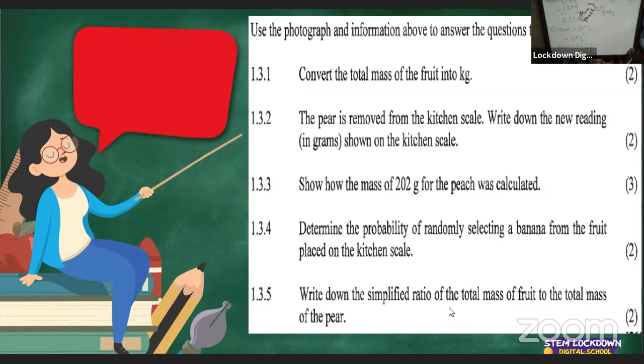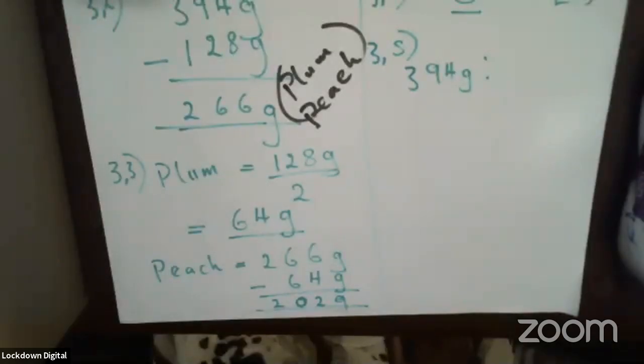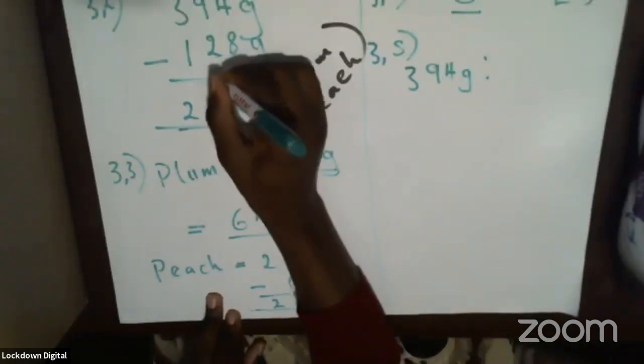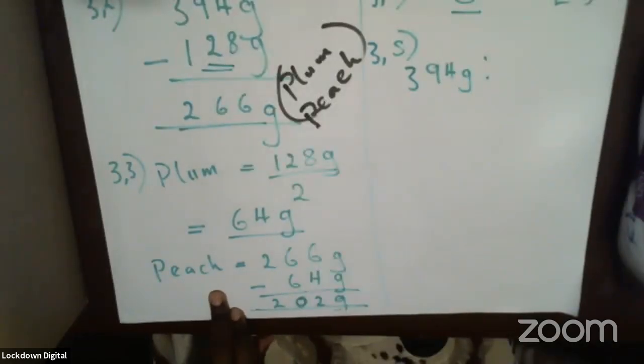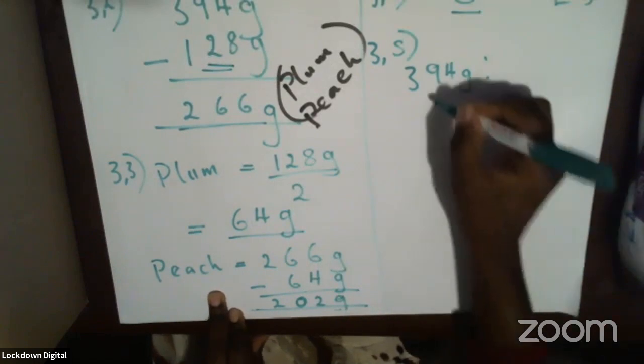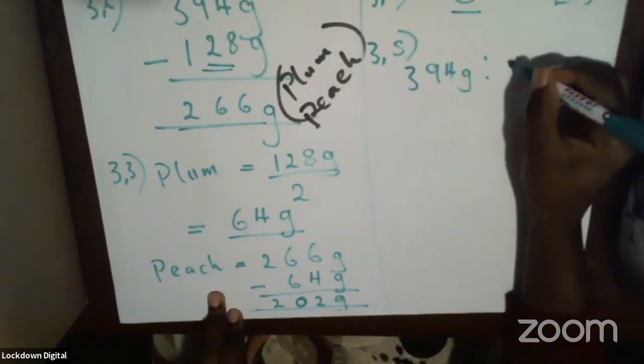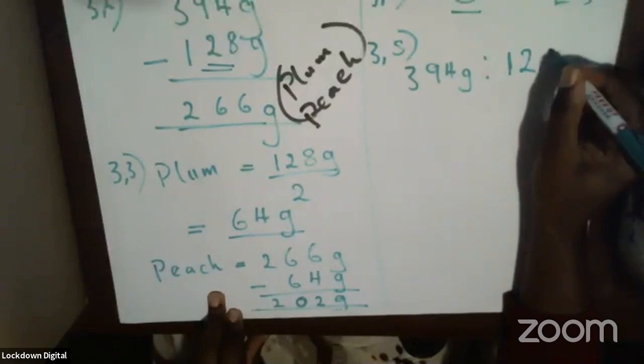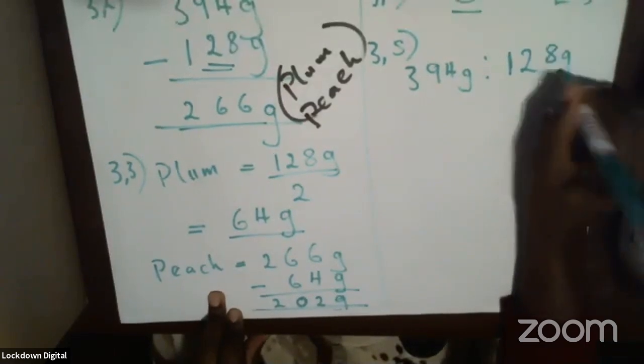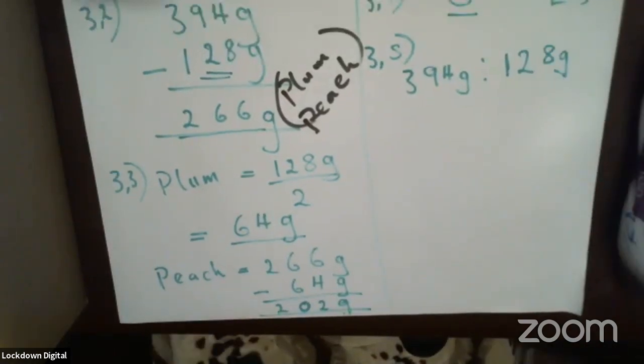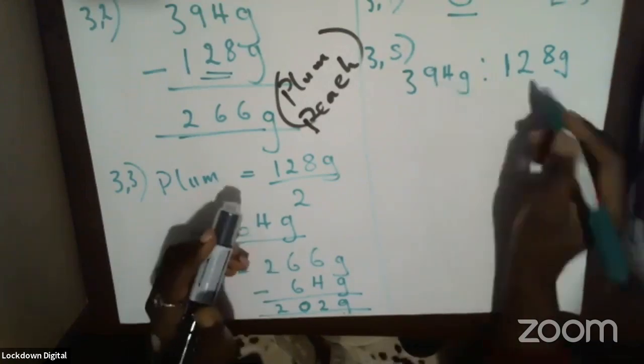We have already been told the total mass of the peel. So how do we do that? We have 394 to 12 grams. Again, guys, this is a ratio.